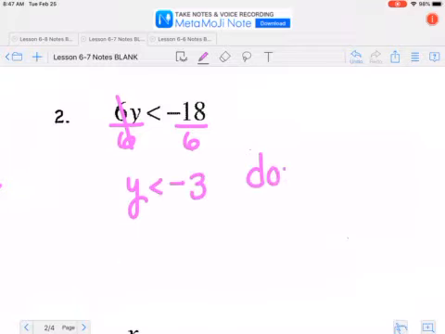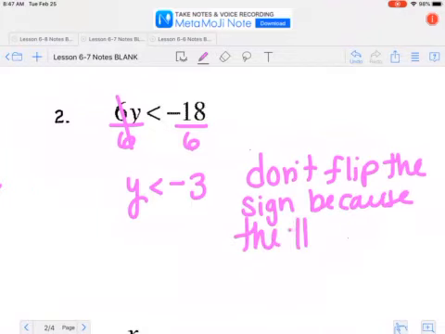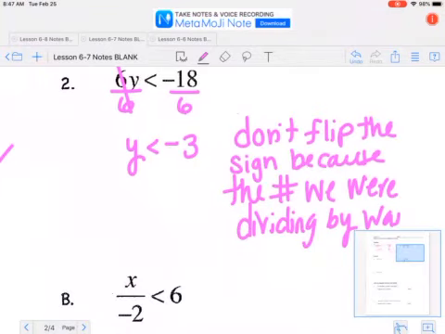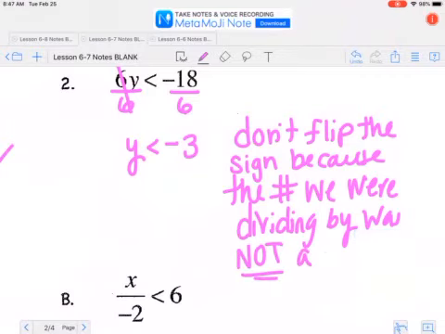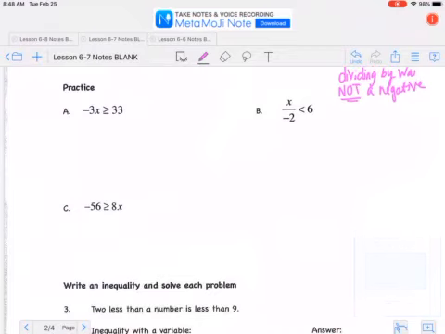We don't flip the sign because the number we were dividing by was not a negative. All right, so I want you to go ahead and pause the video, and I want you to practice letters A, B, C, and D.